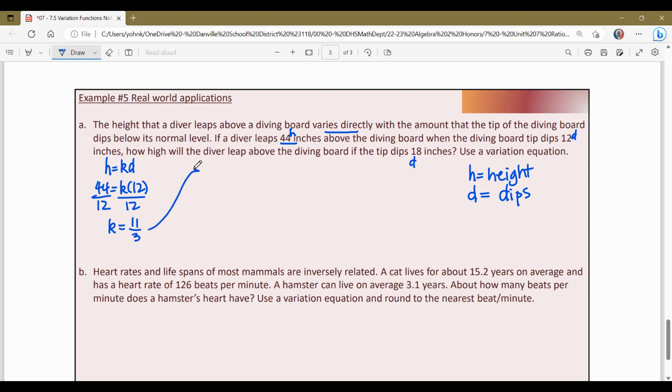Then I'm going to write my new equation, H equals 11 thirds D. The other number that I'm given is a D. So H equals 11 thirds times 18. So my height is going to be 66 feet. No, not feet. Inches. 66 feet would be ginormous. 66 inches.